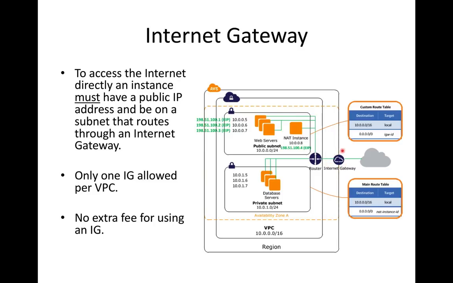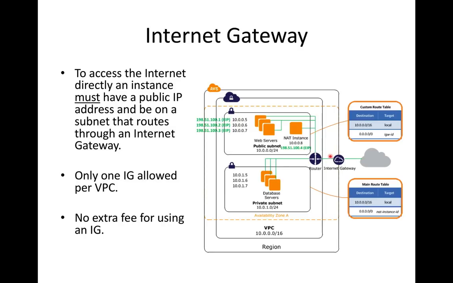It allows traffic to transit between the internet and resources that exist within the VPC. But remember, in order for a device on the internet to talk to an EC2 instance in the VPC, that EC2 instance needs to have a public IP address, and it needs to be on a subnet which is able to route traffic through the internet gateway.